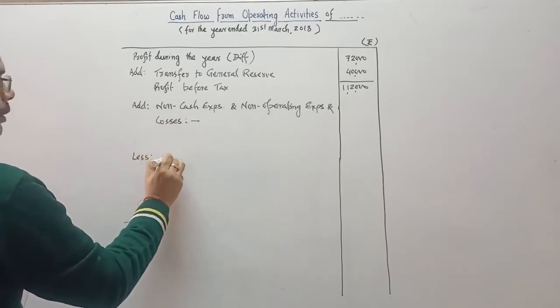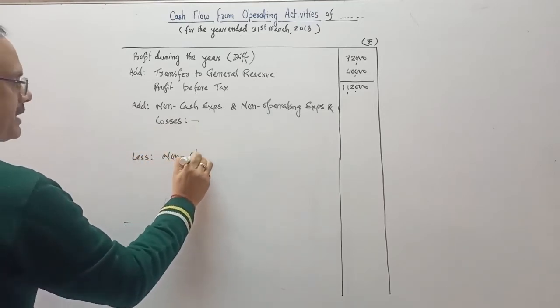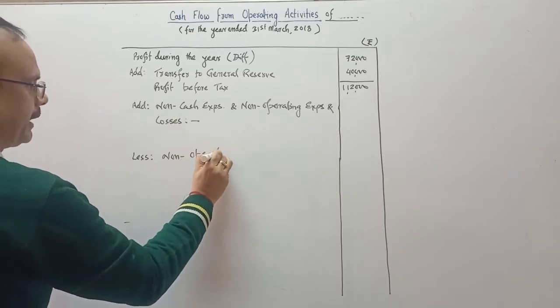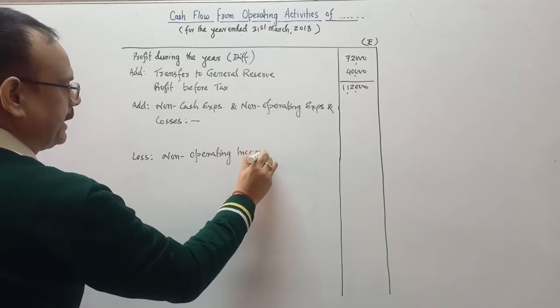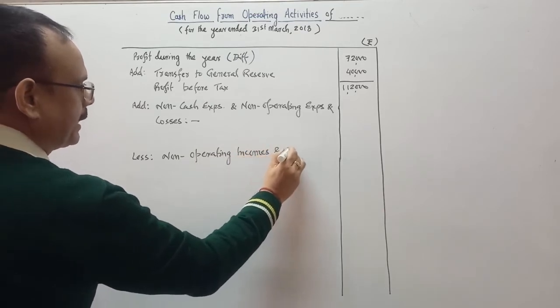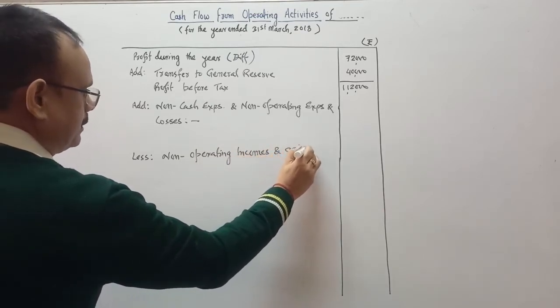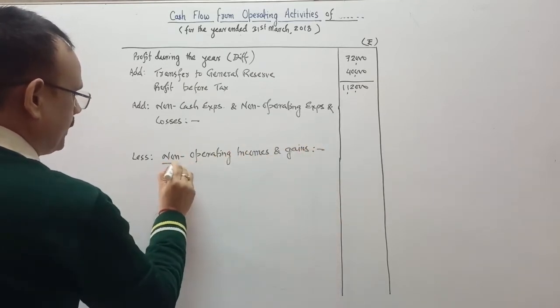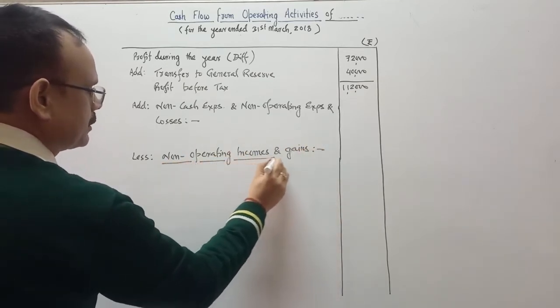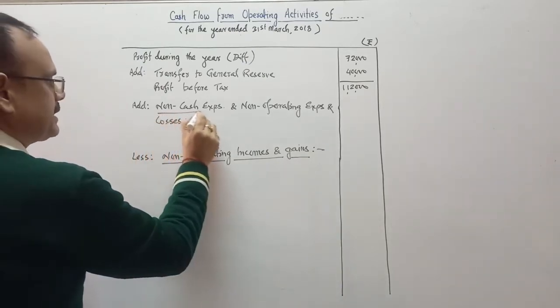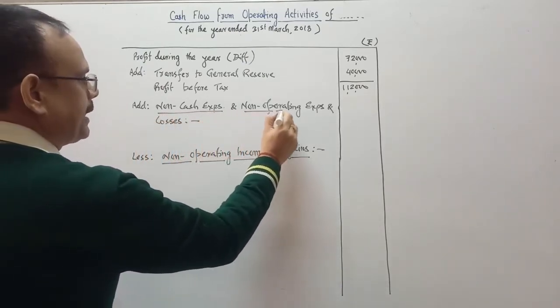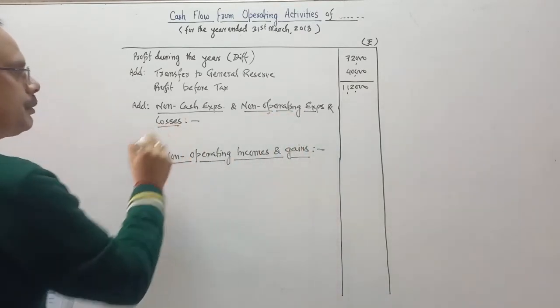We will deduct non-operating incomes and gains. Non-operating incomes and gains will be deducted, and non-cash expenses and non-operating expenses and losses we will add.